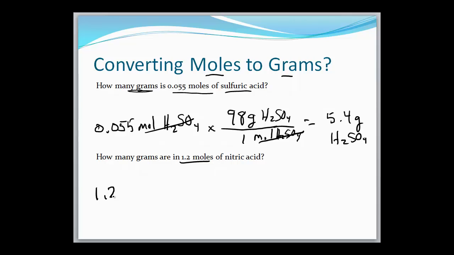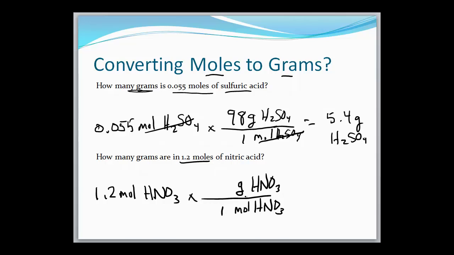We're starting with 1.2 moles of nitric acid. First conversion, we want to get rid of moles. Converting to grams, 1 mole.